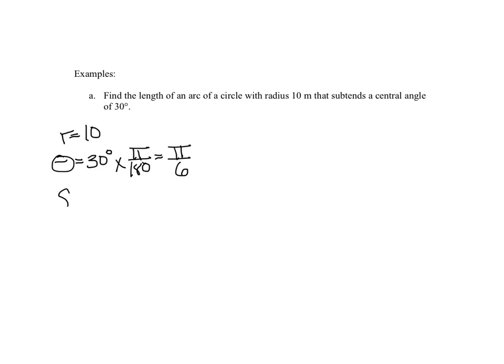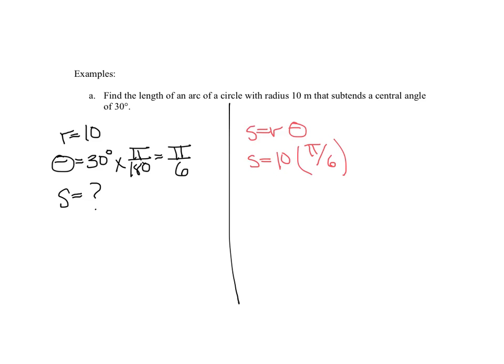Then notice it's saying find the length of the arc. So I'm looking for S. So based on the given information, I'm going to use the S equals R theta formula. I simply plug my given information in. So R is 10, my theta is pi over 6. Now since I did not say you have to write it in fraction form, you're simply going to enter it in your calculator just like you see it there.